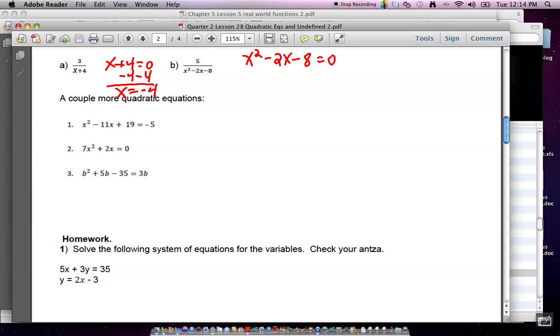Was everybody able to get that the answer to A is negative 4? Are we good on that? Okay, you guys are still cranking out the answer to B? It's a quadratic equation. You know how to solve it.